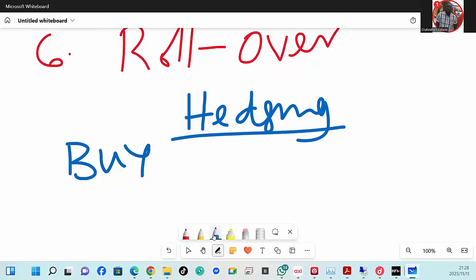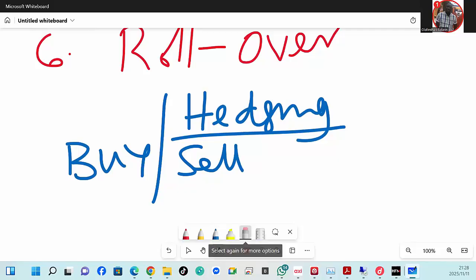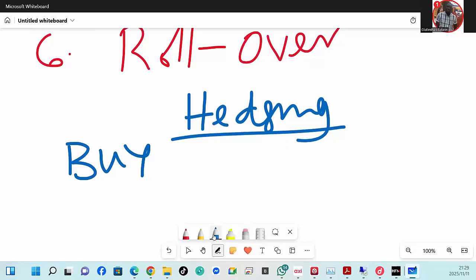So when you are hedging, that means you can buy and sell at the same time. But our strategy is not like this. Our own strategy is we are buying and we are waiting for a particular risk level. Then when that risk level comes, we start selling.